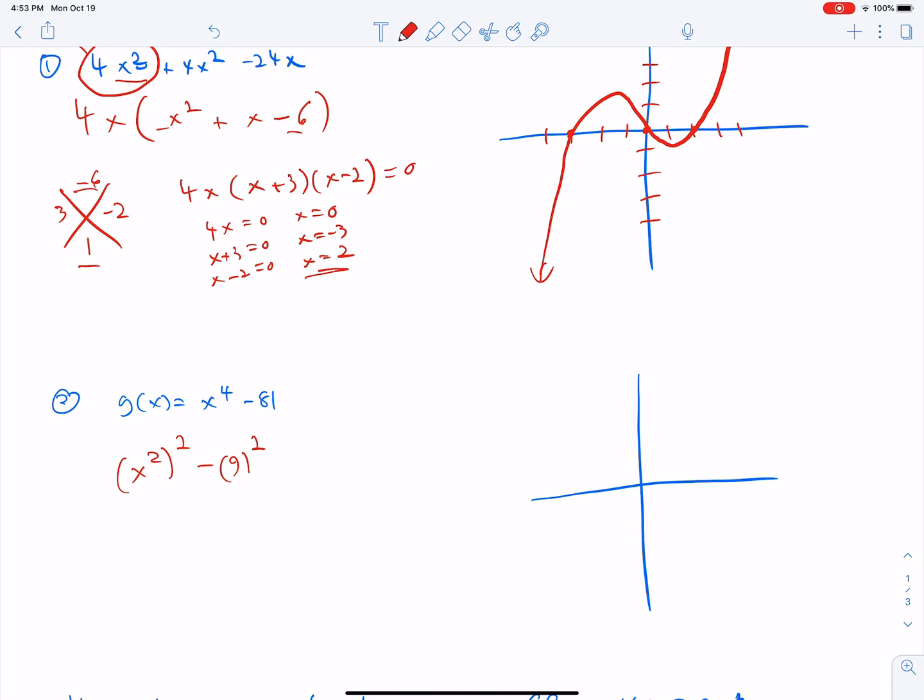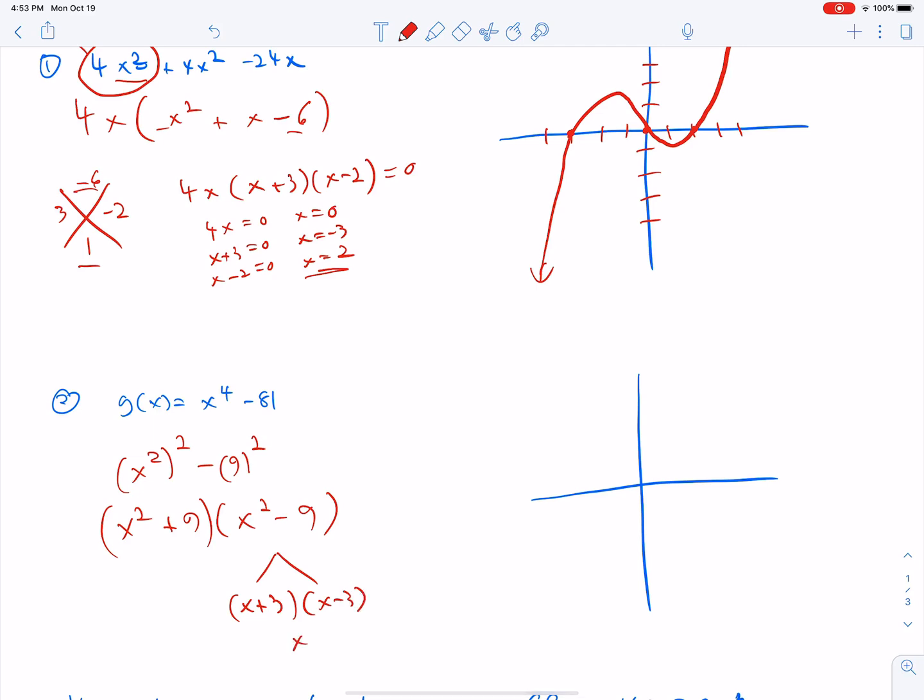So now we're able to say we have x squared plus 9 times x squared minus 9. Remember, that's the difference of squares identity. So now we can again break these down. This one, using the same difference of squares, is going to be x plus 3 times x minus 3.